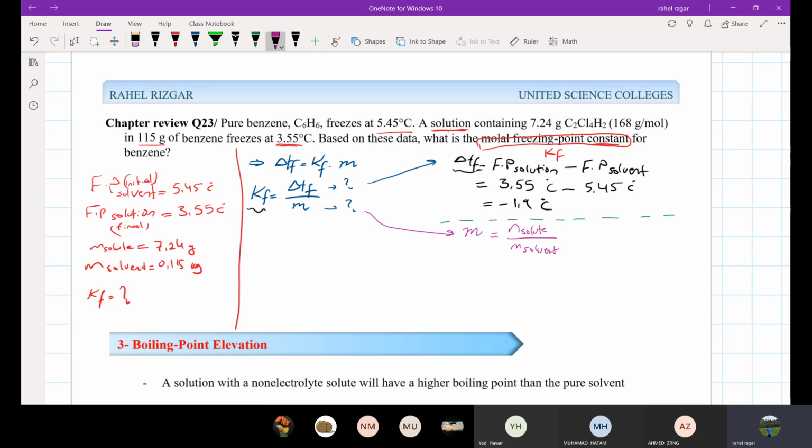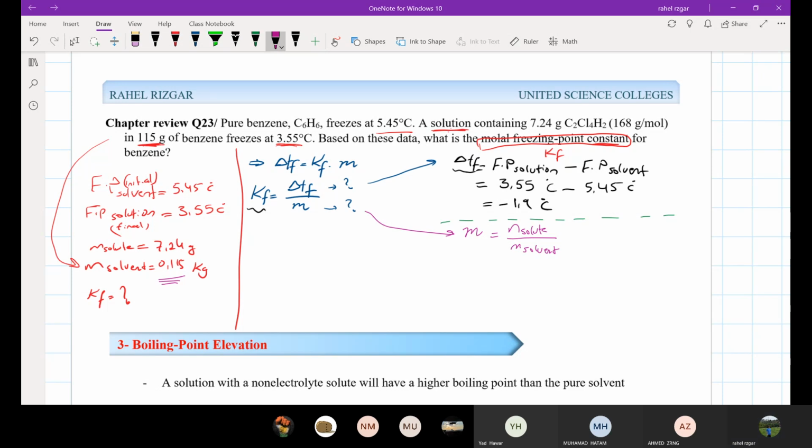We have the mass of solvent. I have directly converted it from grams to kilograms. It's 115 grams.